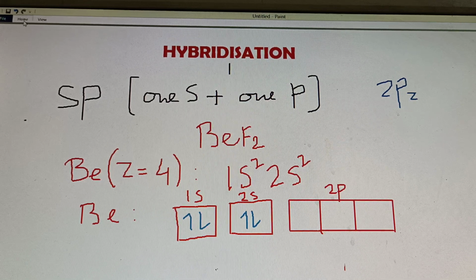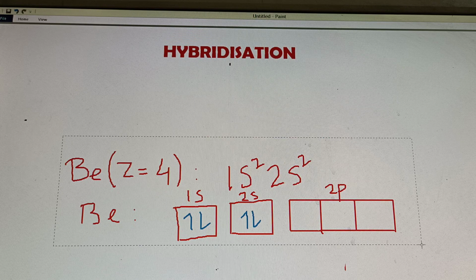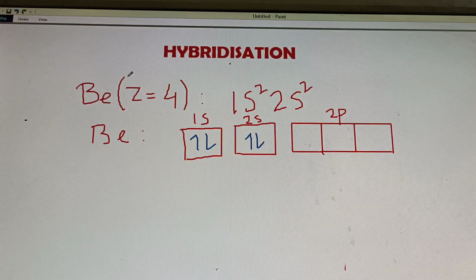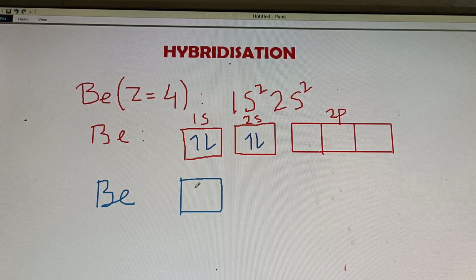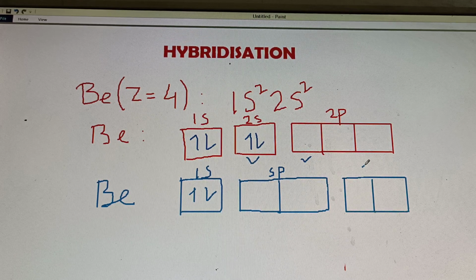After mixing, what happened? Beryllium 1s has no change, and 2s and 2pz mix up to give 2sp orbitals of the same energy, and the other 2p orbital is unaffected. The number of electrons in 2s is equal to 2, right?